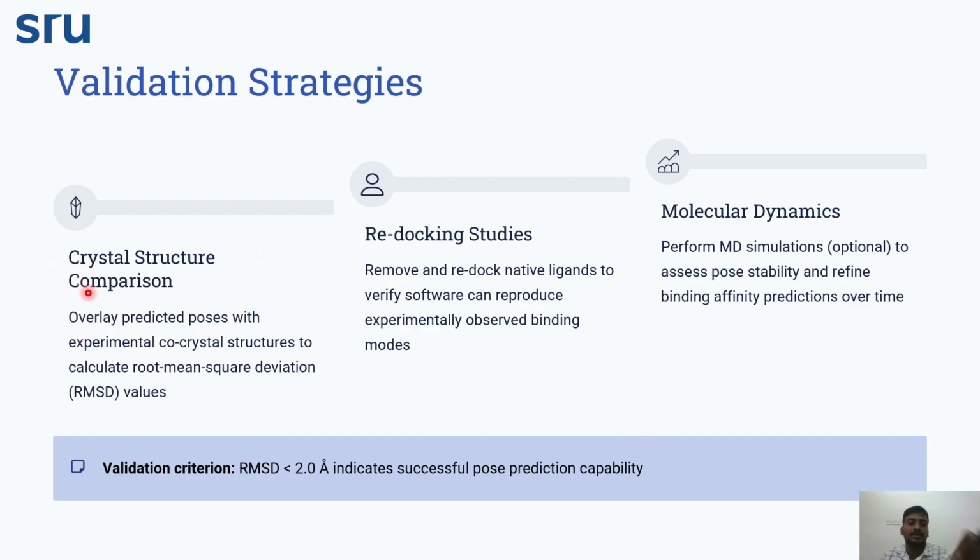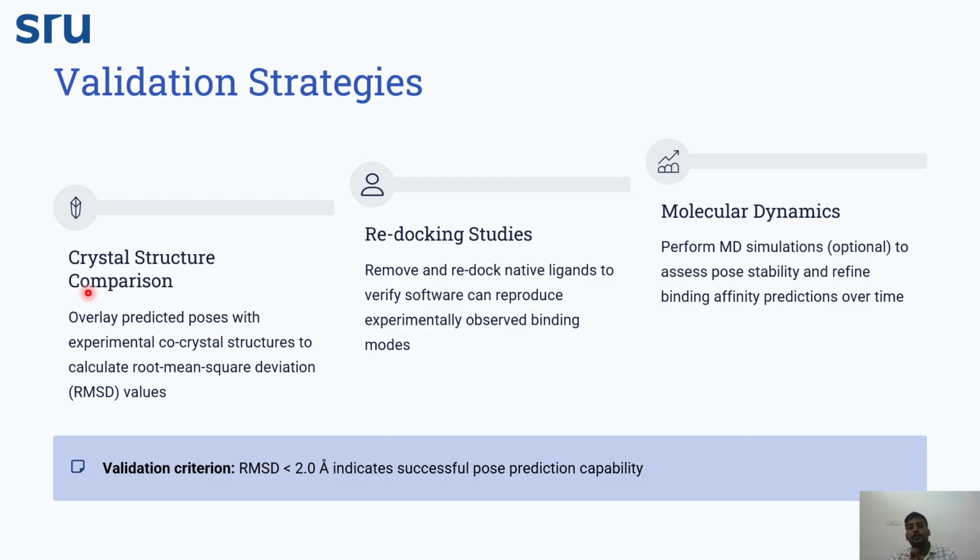We take that particular structure, and we have the docking complex structure. These two structures we have to combine and map based on the orientation of the structure, and we can easily identify the RMSD value, which is root mean square deviation.